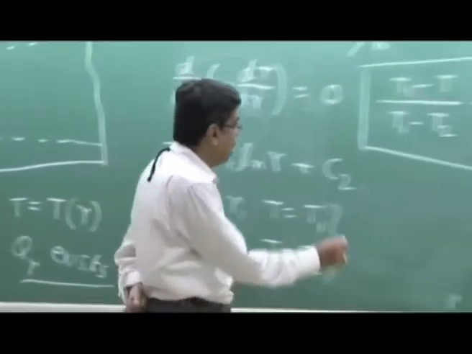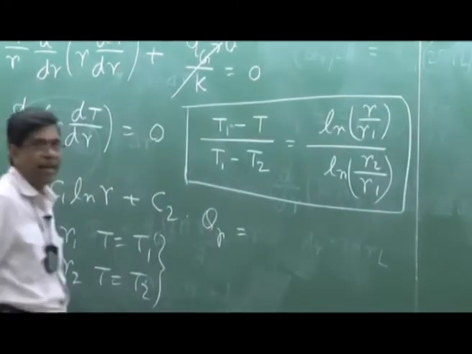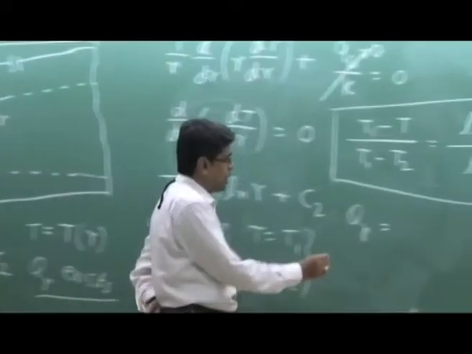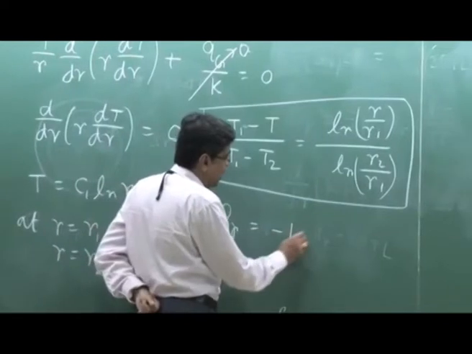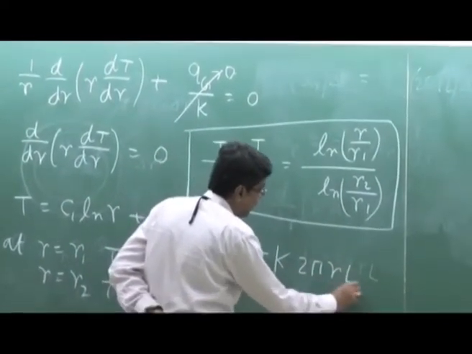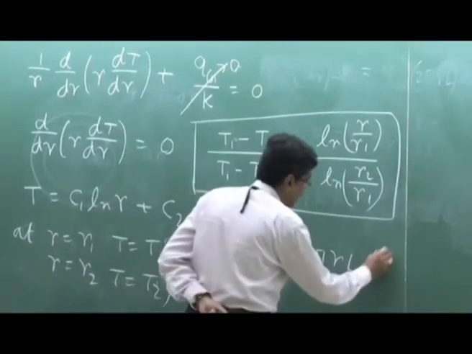Now if you find Q_r at any arbitrary section, we already wrote the expression: minus k into A_r, that is 2 pi r L, into dT/dr.